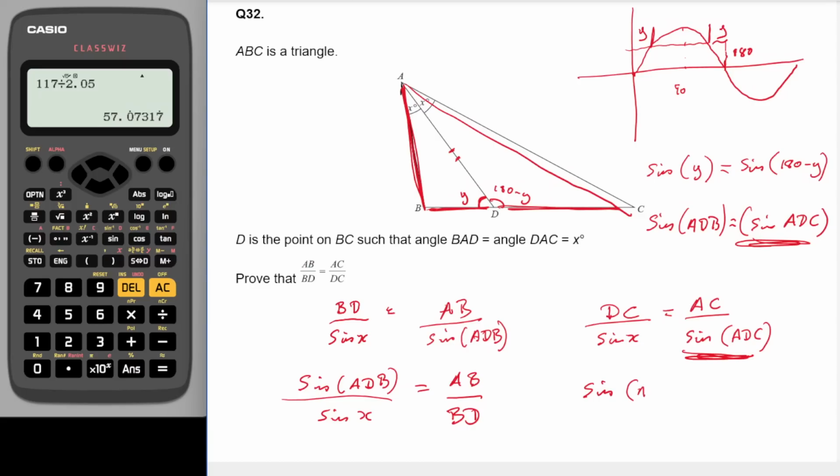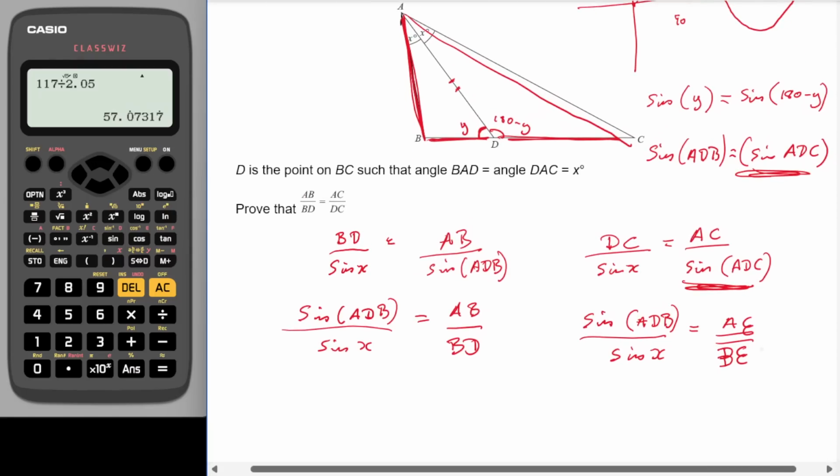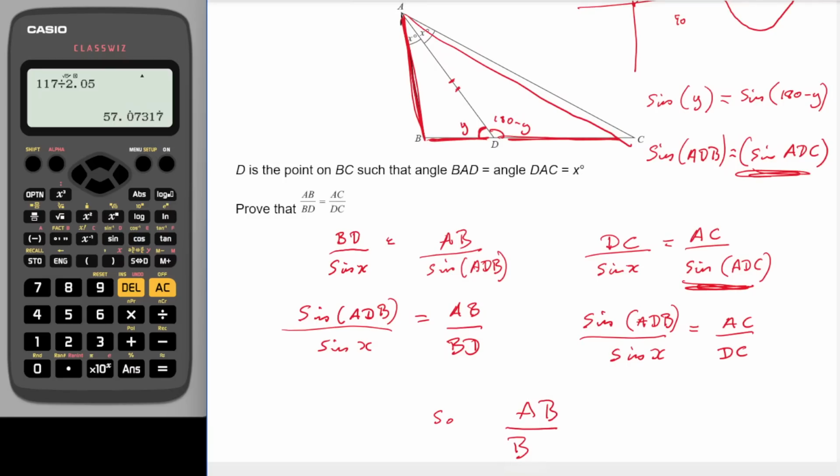So the sine of ADB over sine x must be equal to AC over DC. So all these parts are equal. So AB over BD must be equal to AC over DC. And there we go.